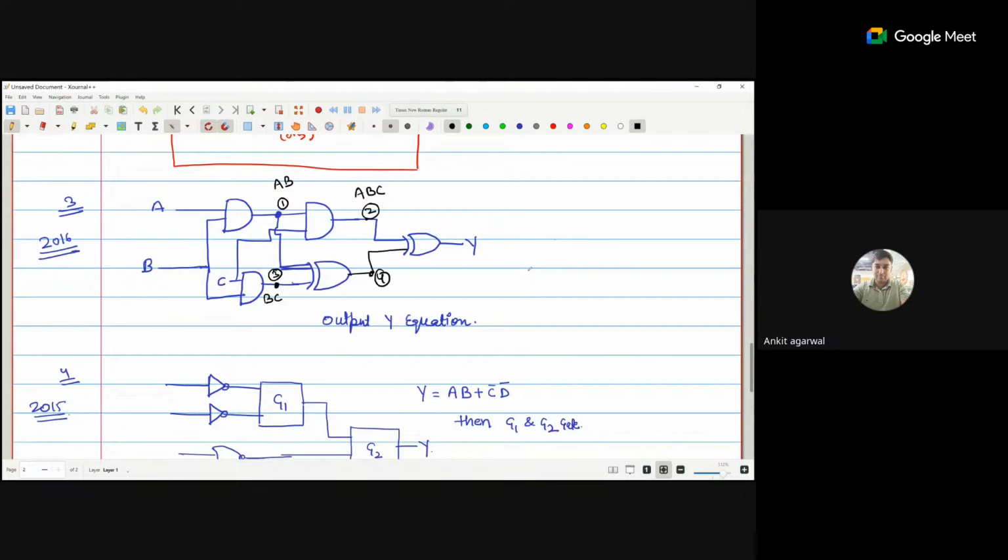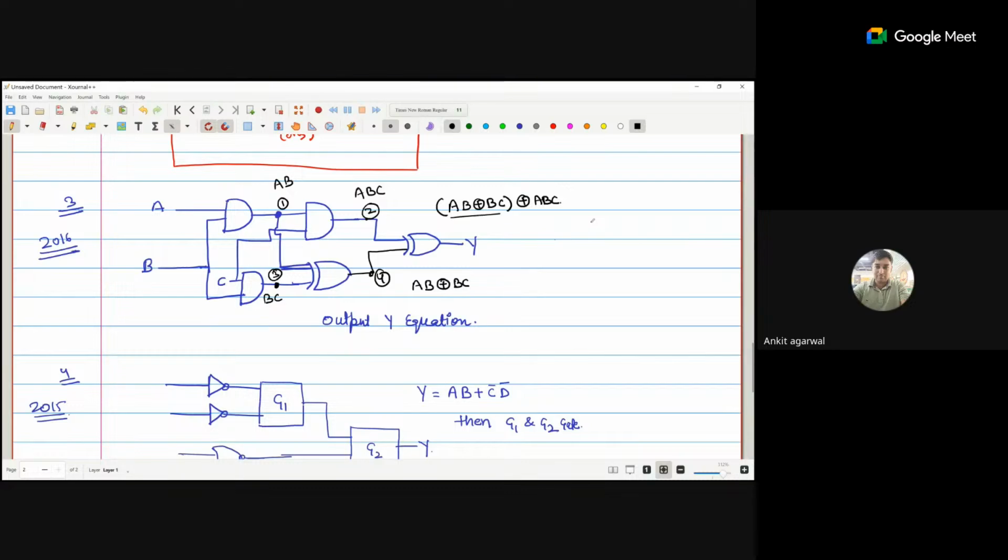Point four. We are getting AB XOR BC. Okay, and point five. AB XOR BC, and whole XOR ABC.